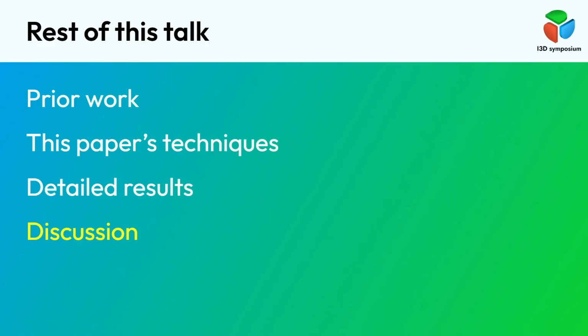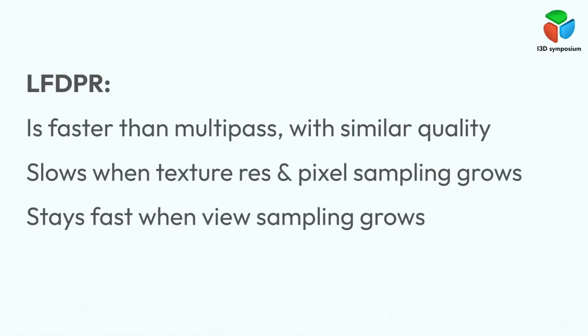Okay, now let's discuss briefly. All right, so this technique is faster than multipass but similar quality. How does it depend on the content? It slows a little bit when there are very high resolution textures, in particular when they're higher than the resolution of each view.